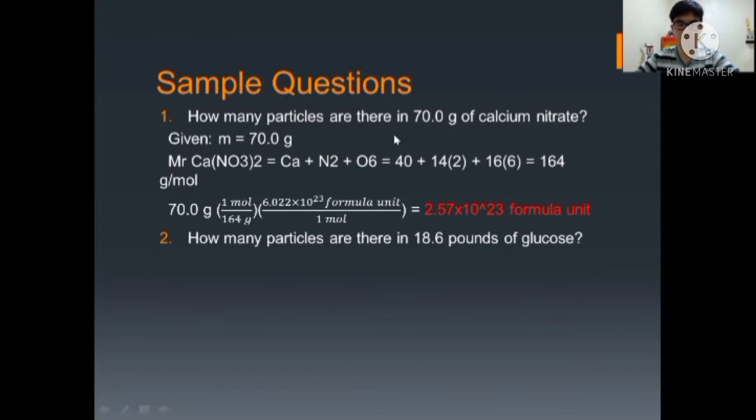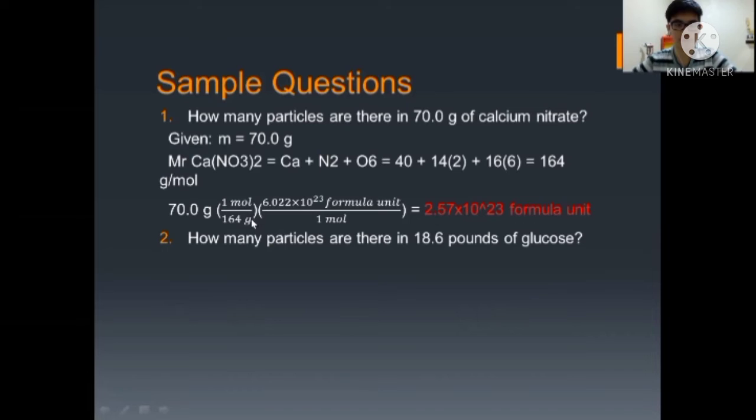First, you put your given mass, 70 grams, then you need to cancel this gram. So we use this 1 mole per 164 grams, which we obtain from the molar mass, which means 1 mole is equal to 164 grams.